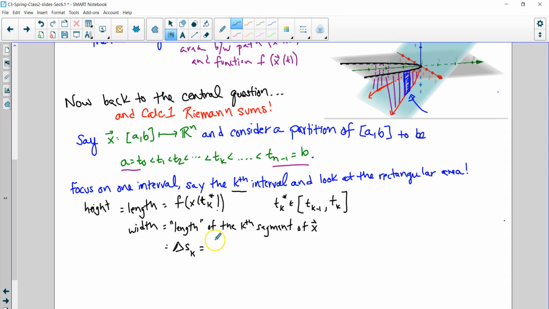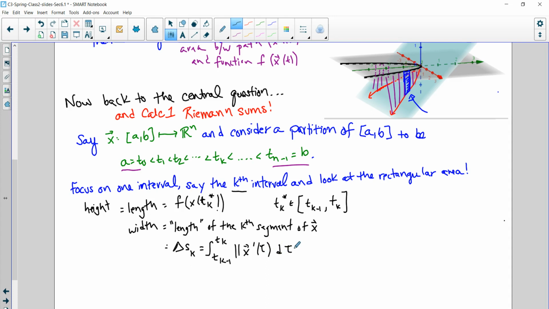So this is going to equal our arc length formula: the integral from tk minus 1 to tk of the magnitude of x prime of tau, d tau.